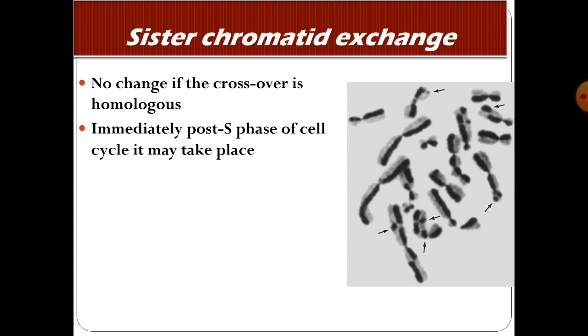There may also be sister chromatid exchange. Immediately post S phase of the cell cycle, what happens? The DNA is replicated once and only once during the cell cycle. What are the different phases? G1, S, G2.